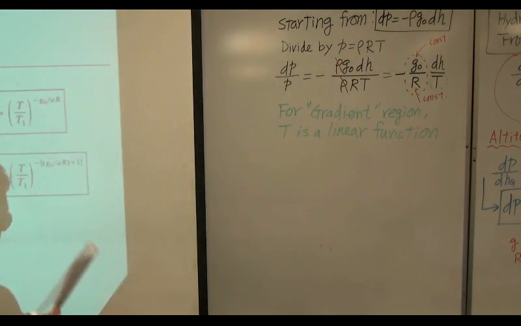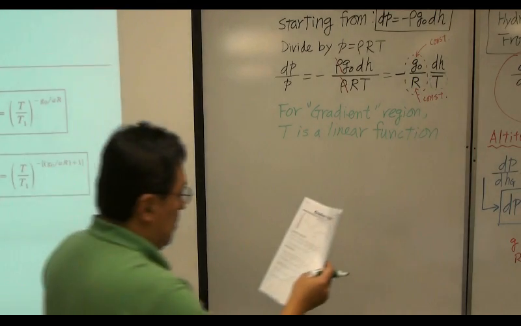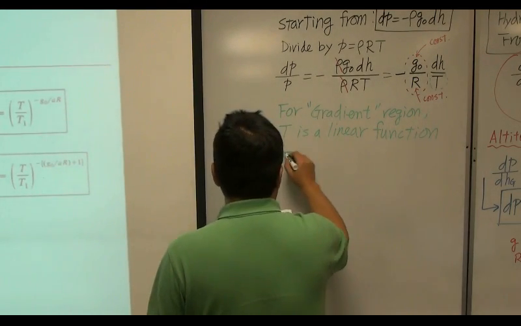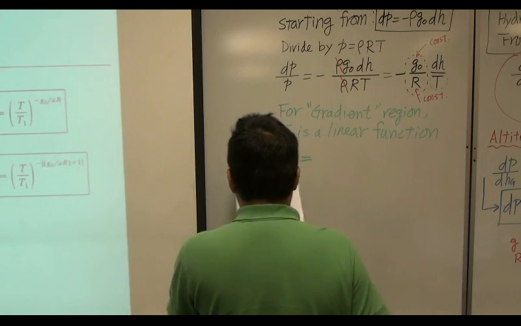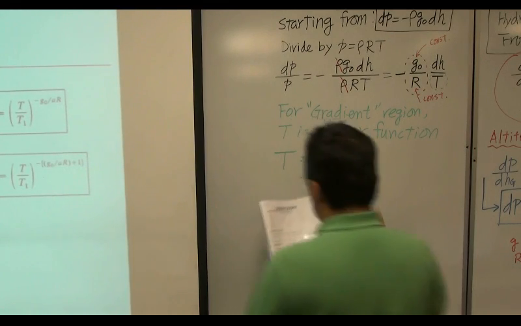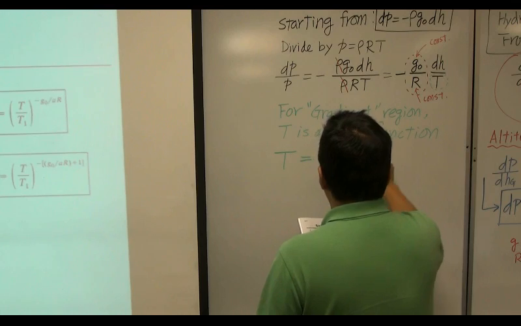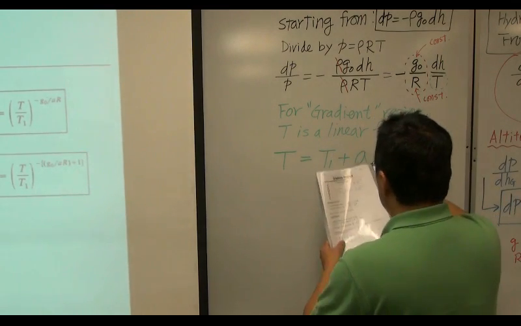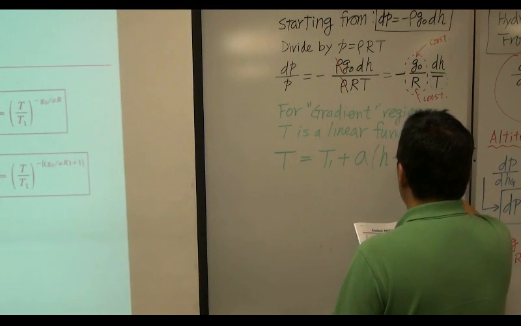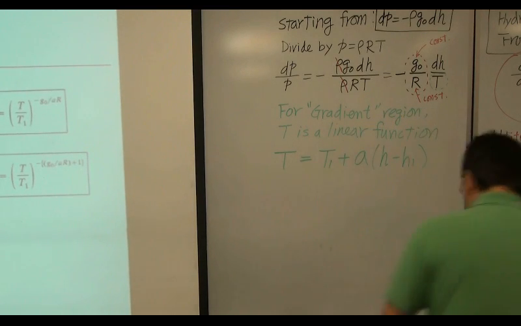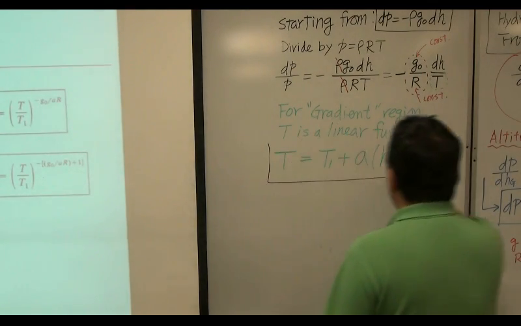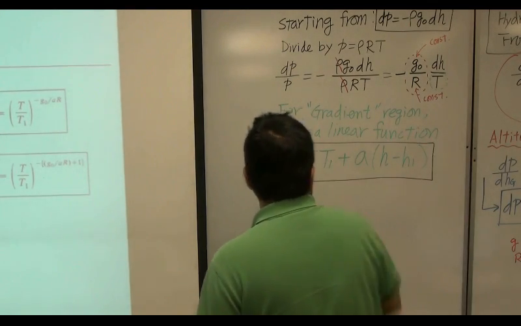So you can express temperature T as equal to the base temperature T1 plus the linear temperature change, multiplied by H minus H1. So this equation tells you that the temperature is a linear function within the gradient region.